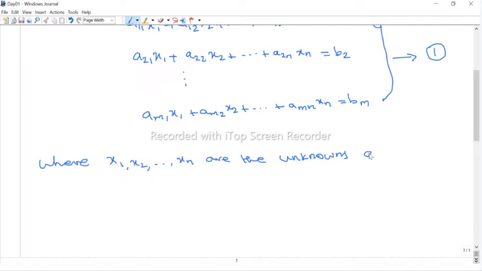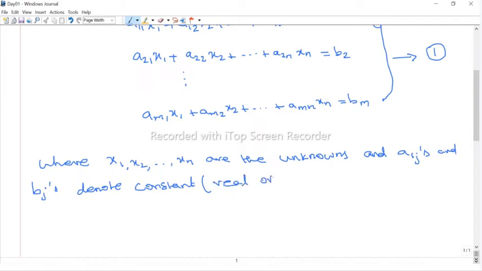These aij's and bj's are known constants. The bj's denote known constant values. Those constants may be real or complex numbers, anything, real or complex constant numbers.